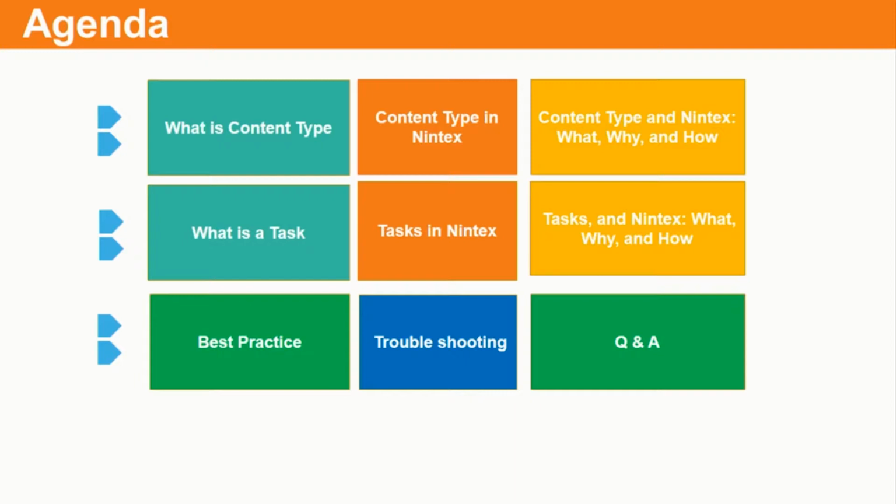And the same thing, we're going to touch on the task: what is a task from the SharePoint point of view, then the Nintex side of things. Then we're going to do the same thing for task: how can we avoid having task issues, and how can we solve them if we have those issues inherited from the system? We will go through best practices, then the way of troubleshooting, then we'll give you some space for questions.